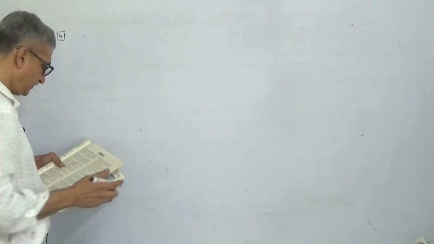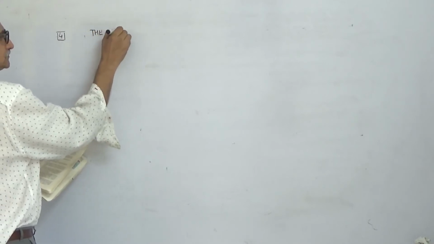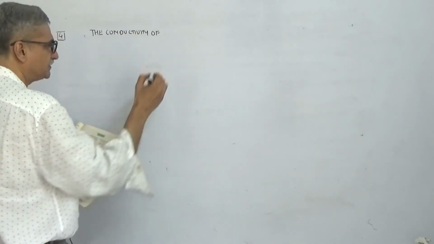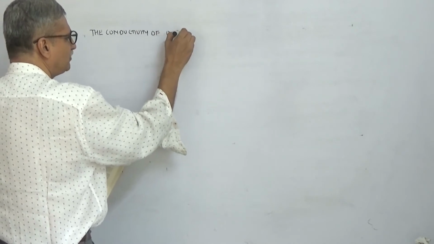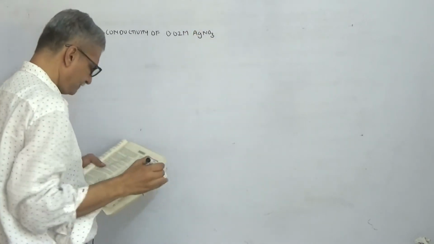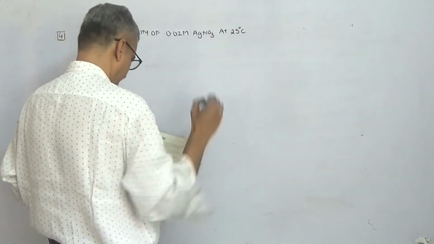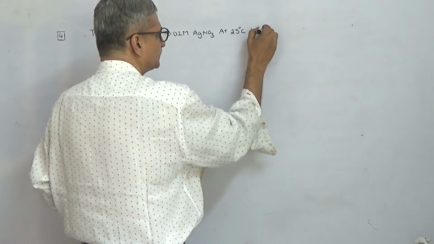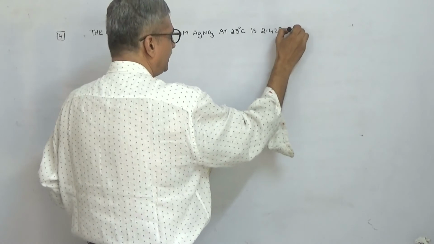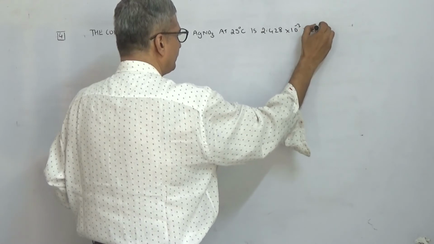The conductivity of 0.02 molar AgNO3 at 25 degrees centigrade is 2.428 into 10 raised to minus 3 Siemen per centimeter.